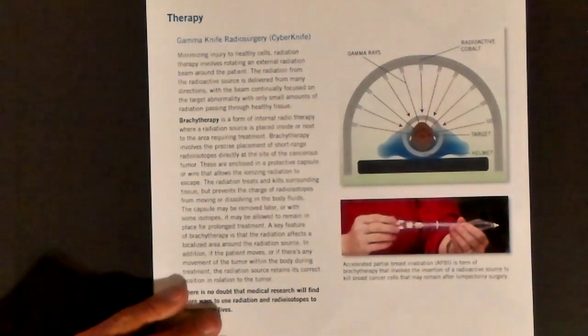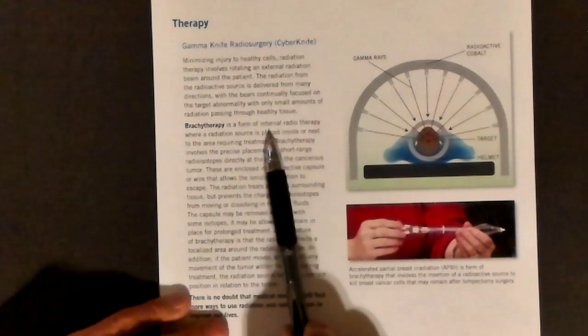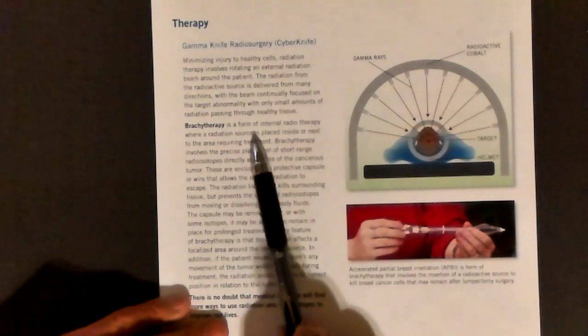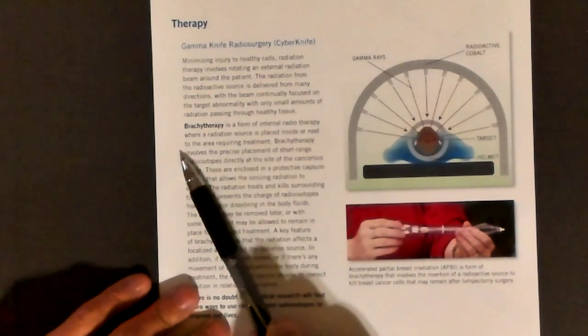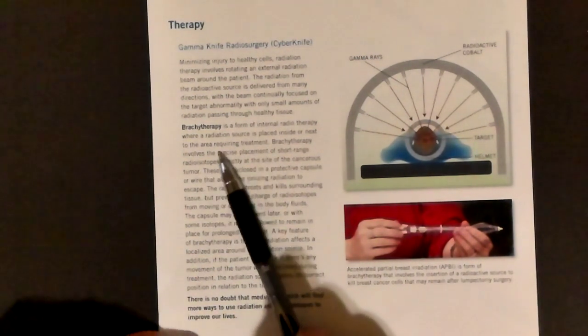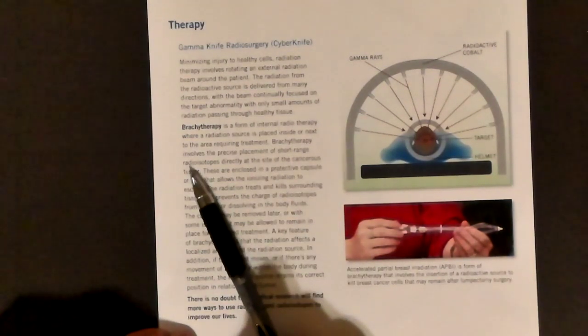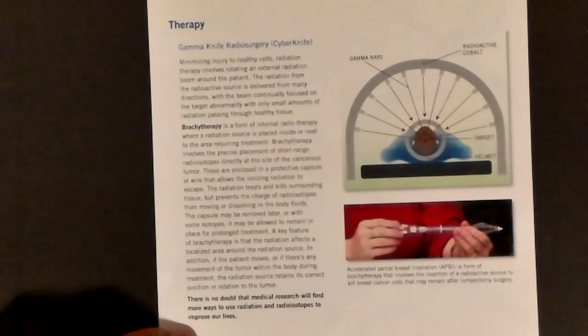Now, we can also do the therapy using brachytherapy. Brachytherapy is the same thing as this internal radiotherapy. Basically the radiation source is placed near or inside the region requiring treatment. So this involves a precise placement of the short-range radioisotope near the site of a cancerous tumor.